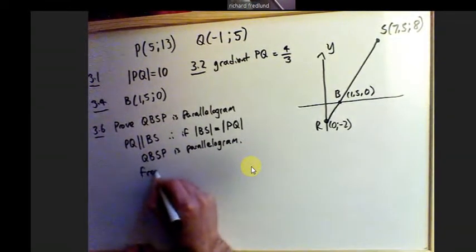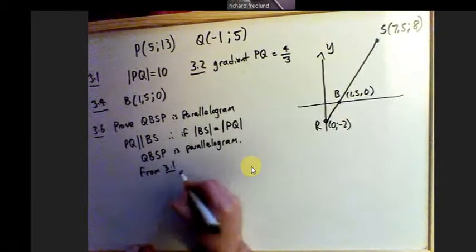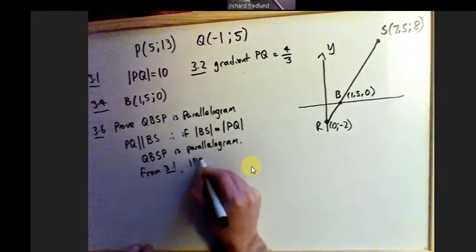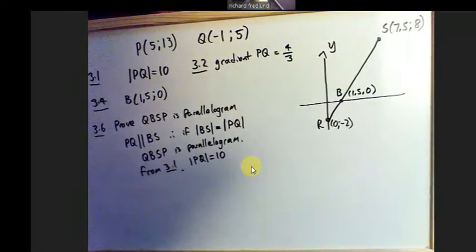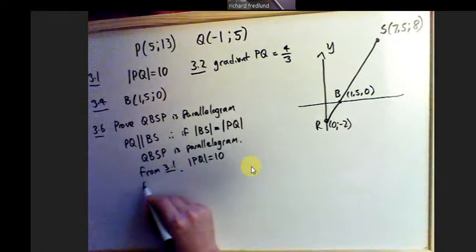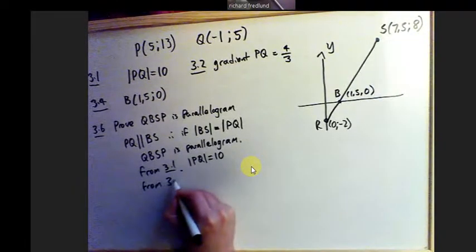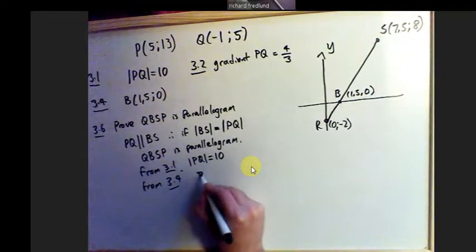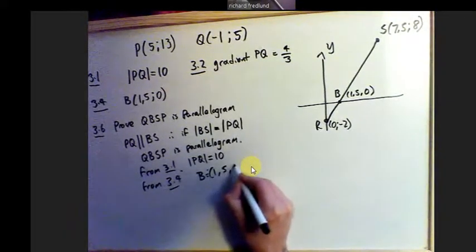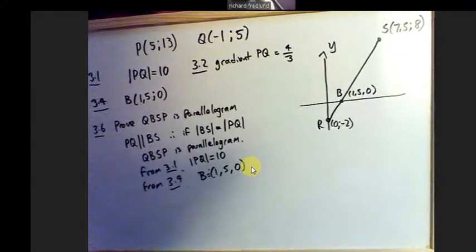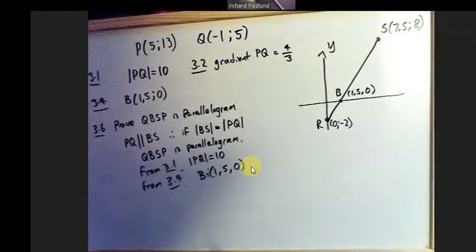And we already know from 3.1 the length of PQ is equal to 10. And we also know from 3.4 that B is (1,5; 0). Okay, so all we need to work out is the length of BS.